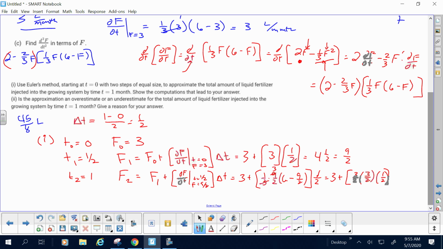All right, so that is something like 3 plus 9/8. F1 is 9 halves. 9 halves plus 9/8 is what? 36/8 plus 9/8. That's where I got 45/8.